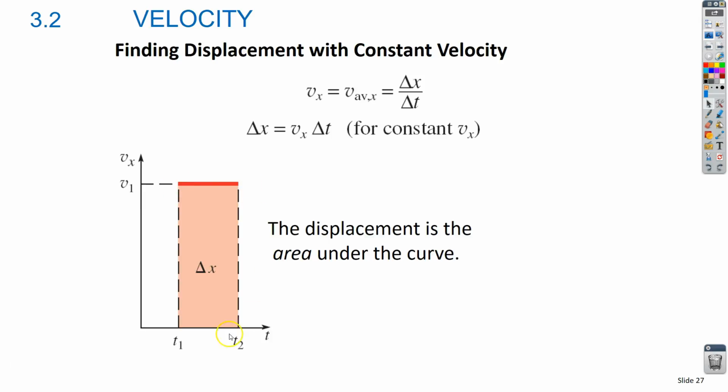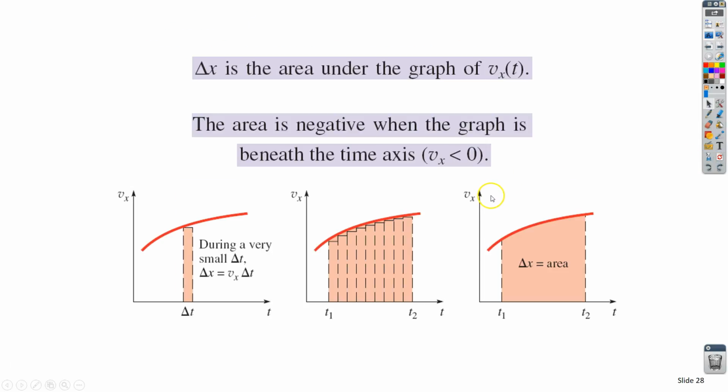We've done this in class before, very briefly, but all this helps us see is that if I know my velocity is equal to my change in position over change in time, that means my change in position is equal to my velocity times that change in time. And velocity times change in time here will give me the area under the curve. That's a pretty useful thing to be able to use.